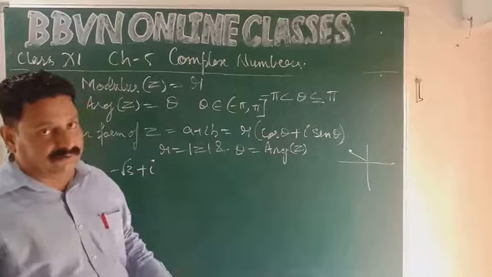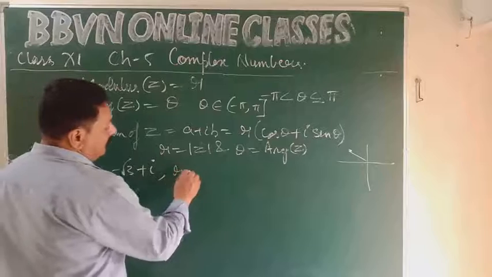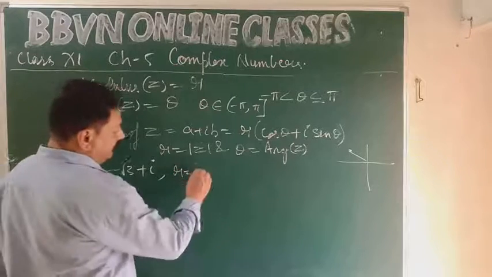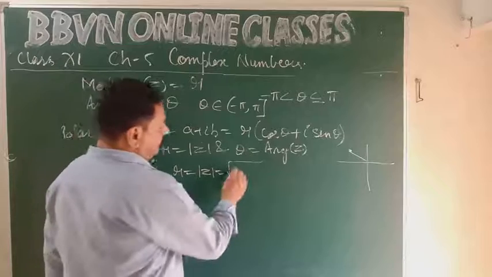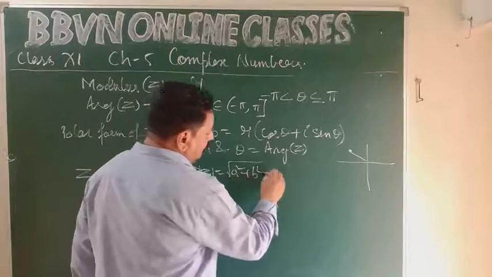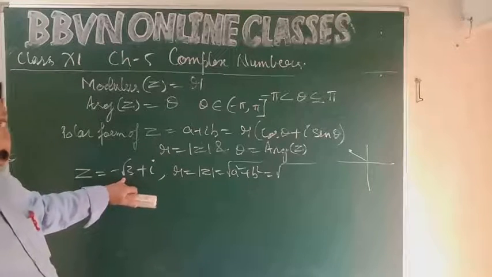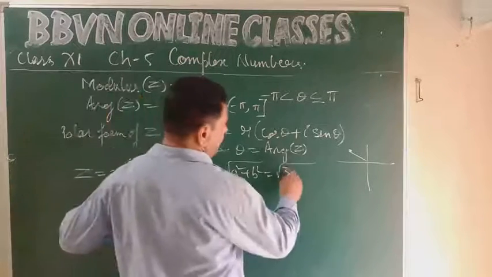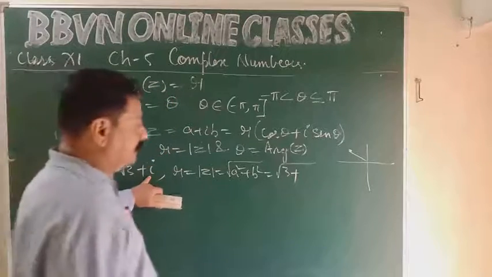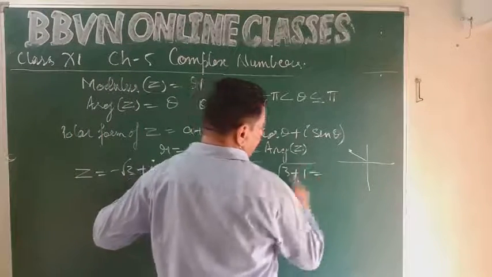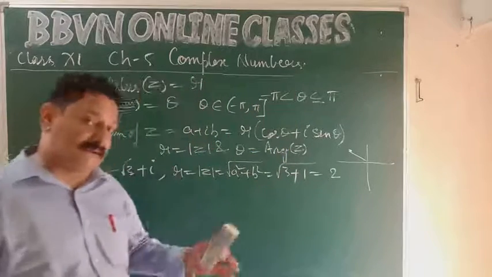First find r, that is modulus of z. What is modulus of z? Under root a square plus b square. What is a? Minus under root 3, its whole square becomes 3, plus b, which is 1, the coefficient of iota, the imaginary part, and 1 square is 1. So under root 4 is 2.